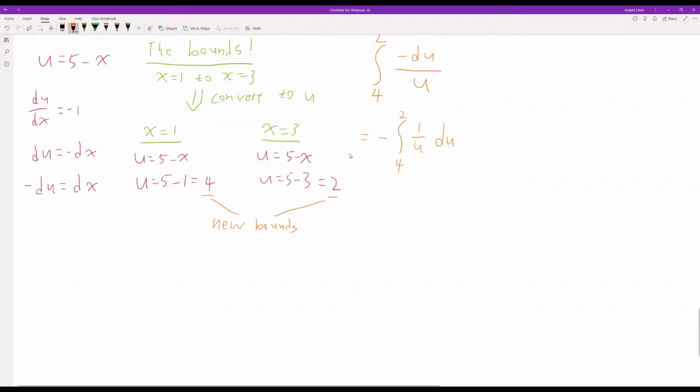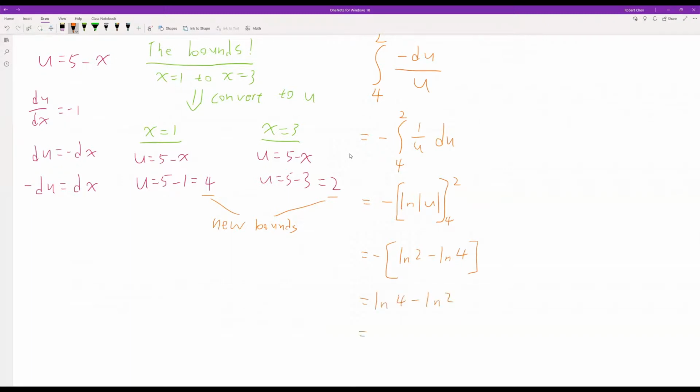All right, and we know that the integral is going to be negative ln of u going from 4 to 2. So let's see what we have. That's negative ln of 2 minus ln of 4, which after we multiply the negative sign in, we get ln of 4 minus ln of 2.